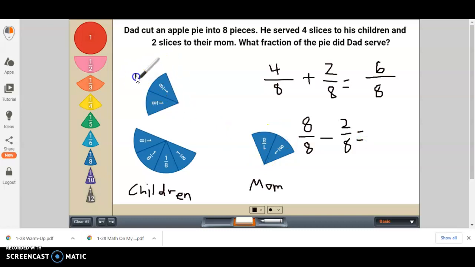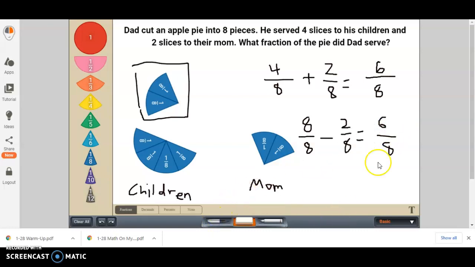We still have this much. That means 8 take away 2, 6/8 were served.